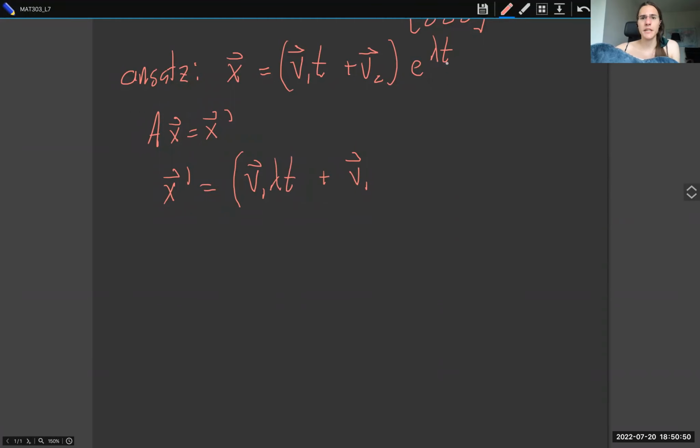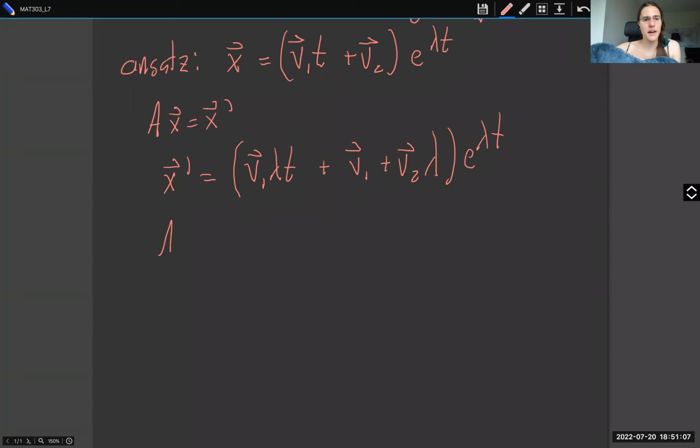Or we could be differentiating t, so we get v1. Or we could be differentiating this, in which case we'd get v2 lambda e to the lambda t.